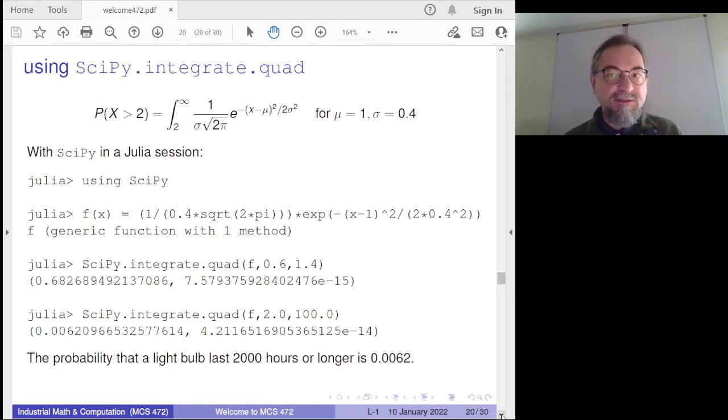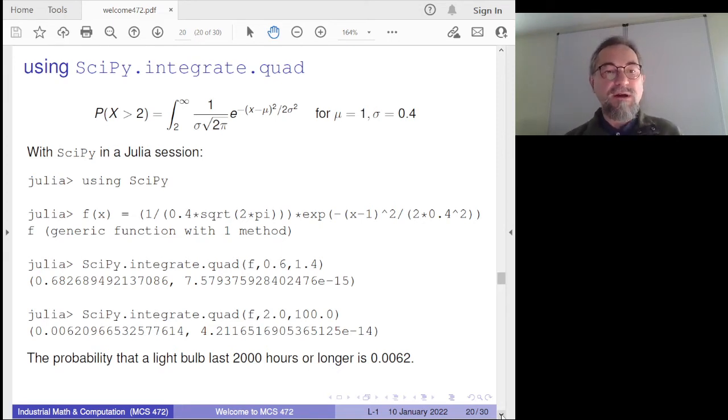So this seems to be still the software that I prefer and also trust, because it gives us an error estimate. So if you look at the outcome, what Quad gives us, it gives us a tuple of 2 numbers. The second number is very small. In numerical analysis, we read the numbers from right to left, and the numbers are in scientific notation. So you see the e minus 15, which is 10 to the power minus 15.